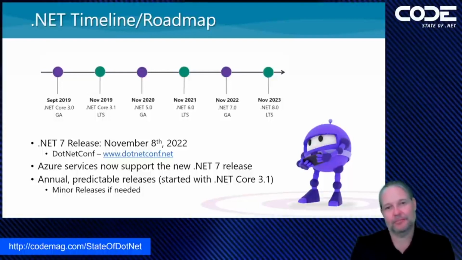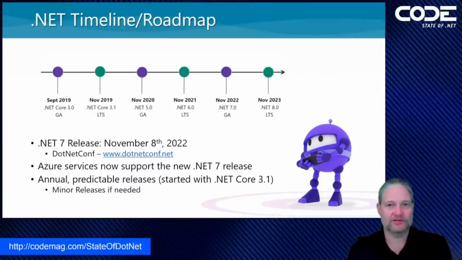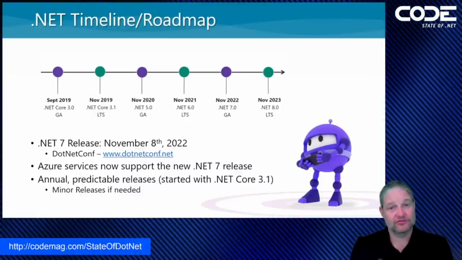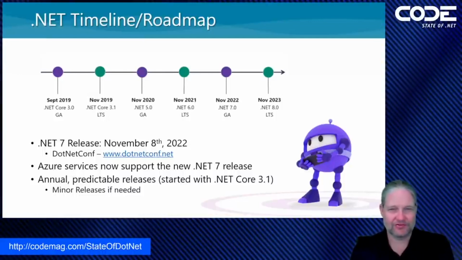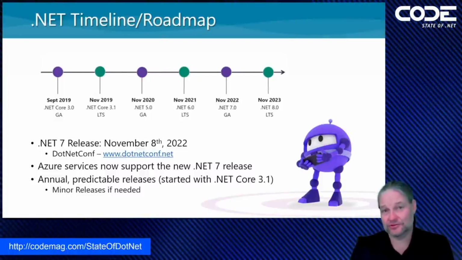Minor releases happen in between, which is, I think, important because we don't want to lose that kind of agility and nimbleness either. So for instance, as I already mentioned before, the Maui mobile app development stuff that we'll talk about today wasn't quite ready with the .NET 6 release last year. It was available in preview, but not released, but it came out during the year.